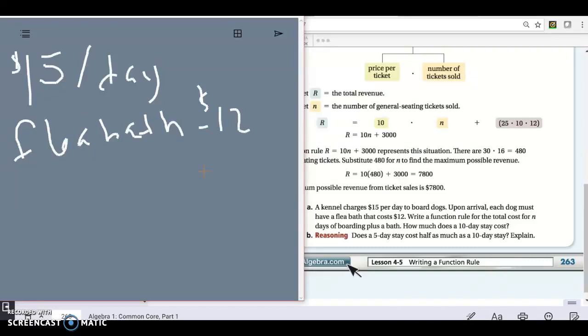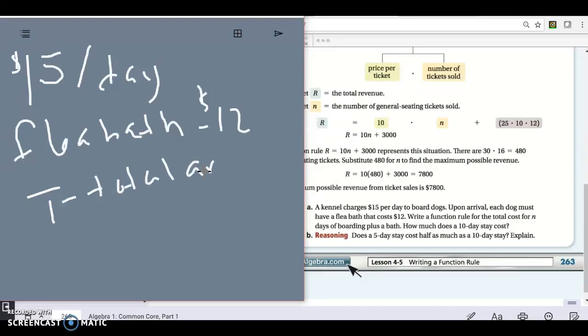So first, we need the total amount of the kennel stay. So we'll say T is equal to total amount. And we know that it's $15 per day. So let's say D equals number of days.